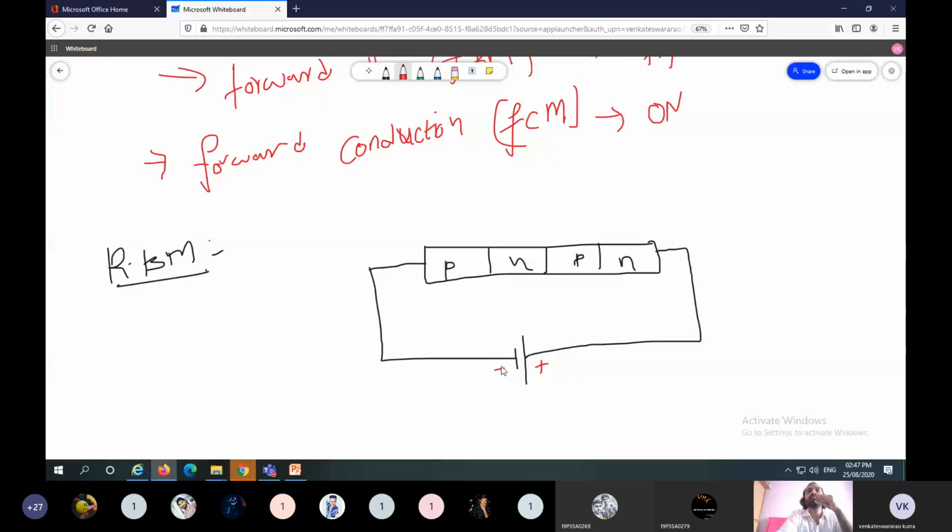In the same way, voltage appears across each junction. This one is J1, J2, J3. The voltage across J1 is minus plus, J2 is minus plus, and J3 is minus plus.